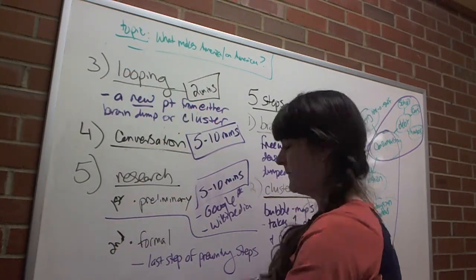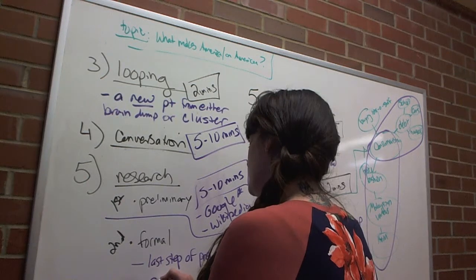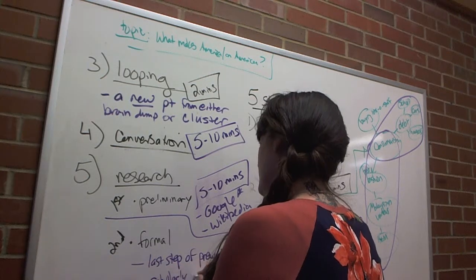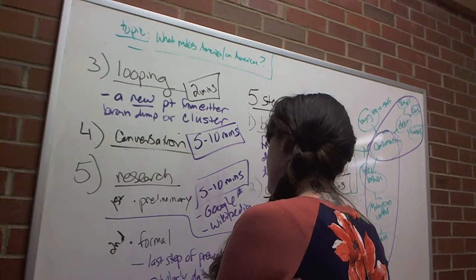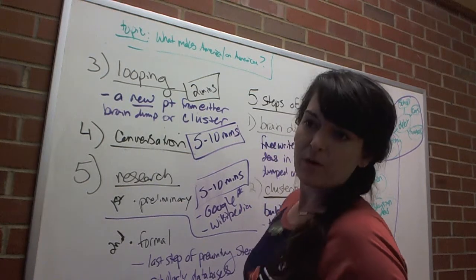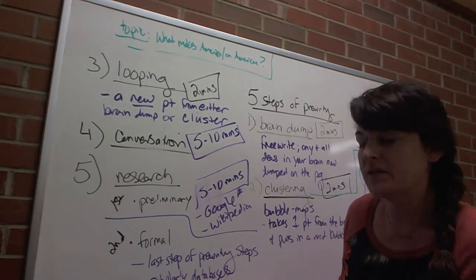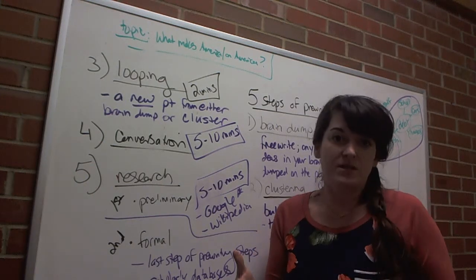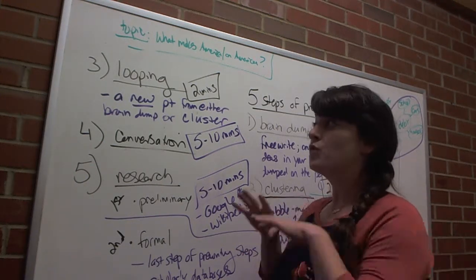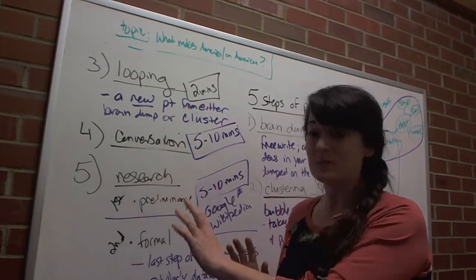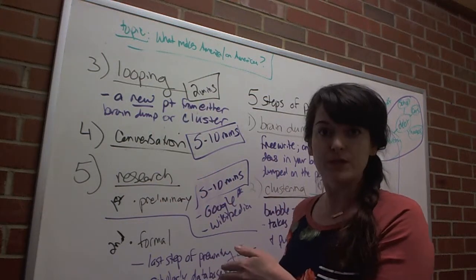the 5, right? And this is where you go into your scholarly databases. Okay, so this is where you're going into, I don't know if you guys can see that, hopefully you can. You go into your scholarly databases. So a couple of things I want you to see with this. Number one, you have a crap ton of writing that you do before you even get to formal research, okay?